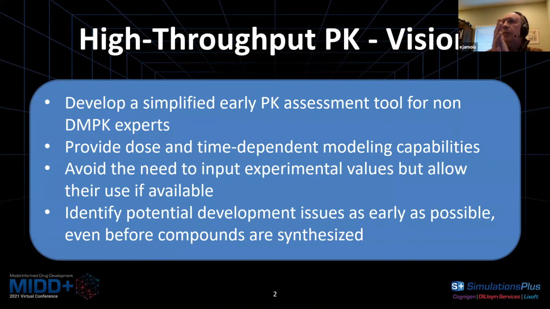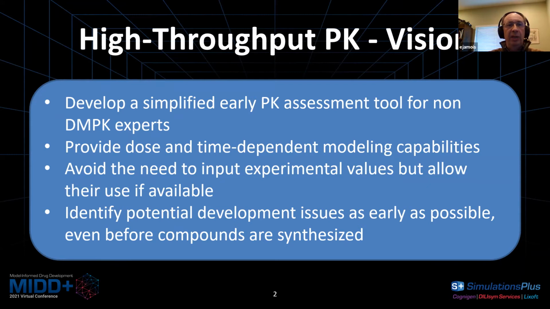So the first thing I'd like to share with you is the vision that we had in putting this technology together, and how we envision a high throughput PK calculation would actually work. We developed this as a simplified early PK assessment tool for non-DMPK experts.